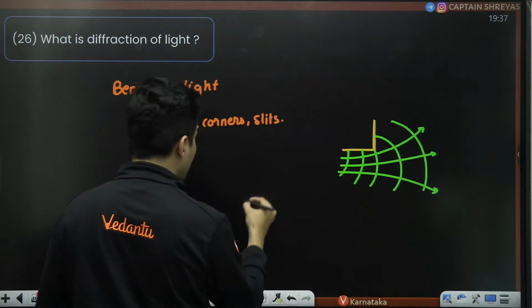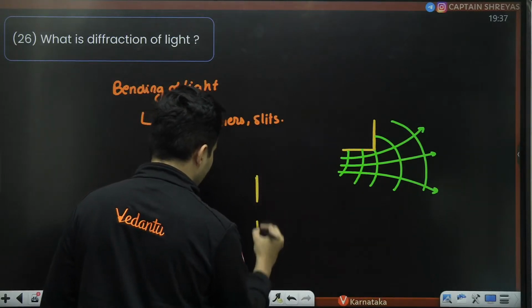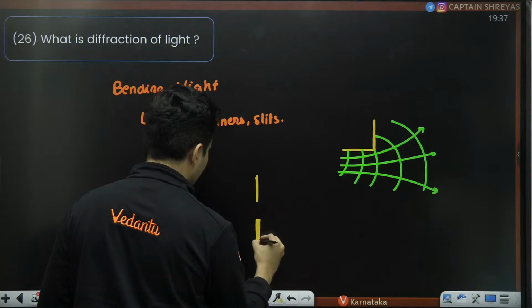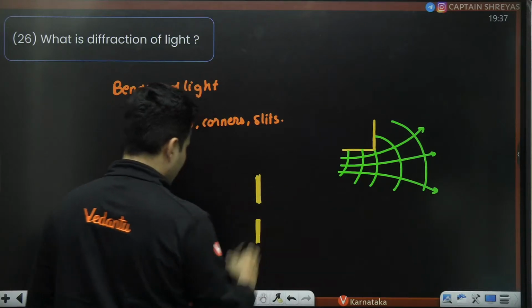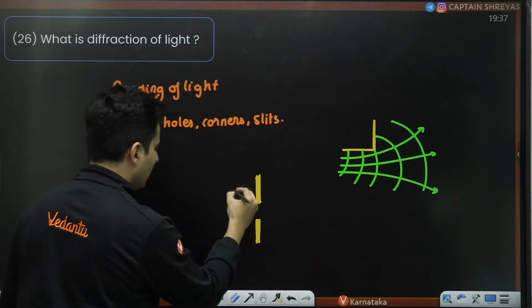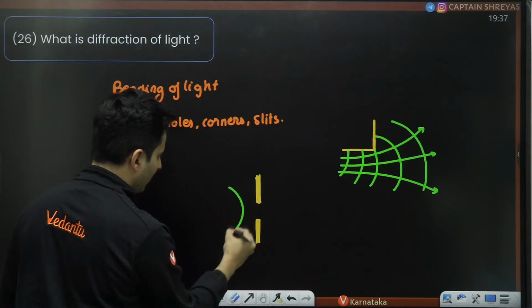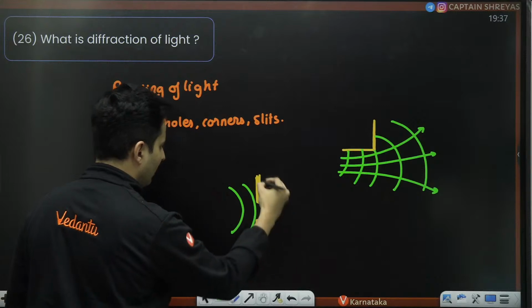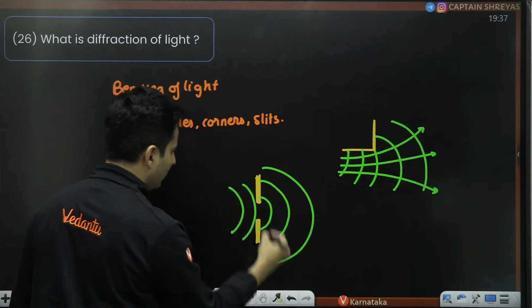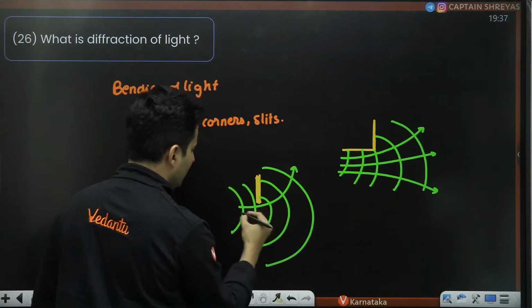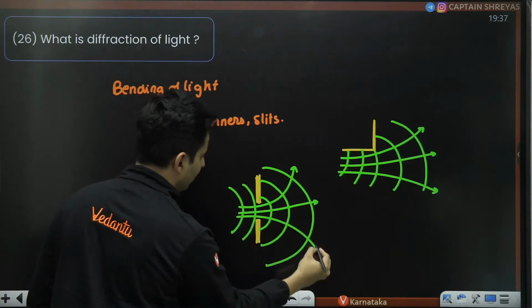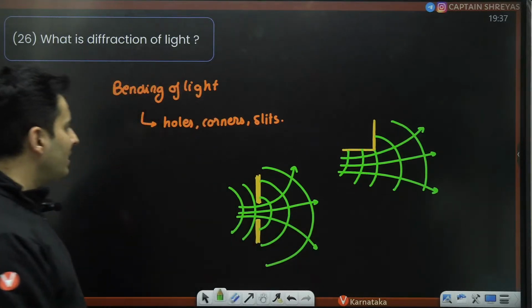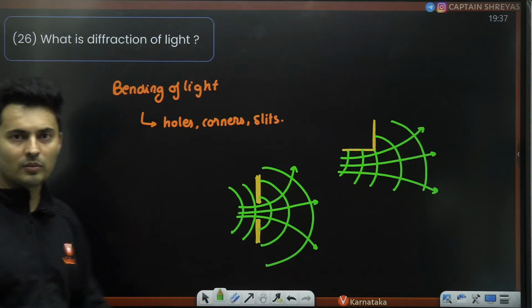Or maybe there was a slit like this over here. So maybe the light was going like this. After this, you will see it will behave like another source and the light will bend. So you can see that the rays of light are definitely spreading out. So that is basically the diffraction of light.